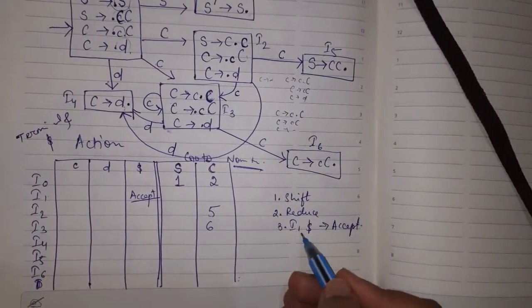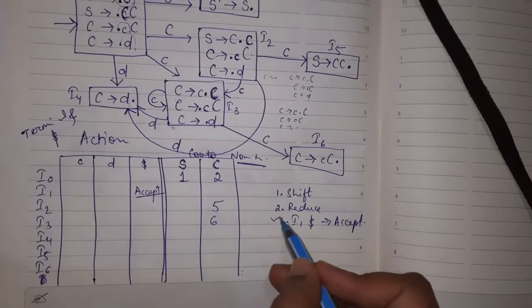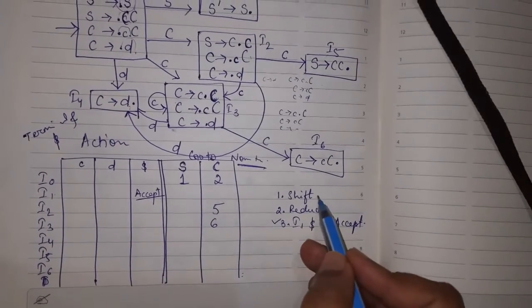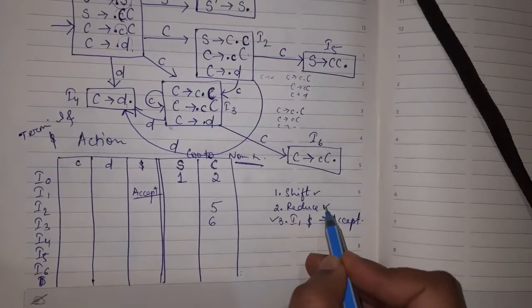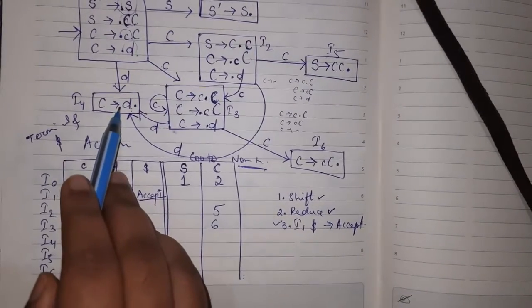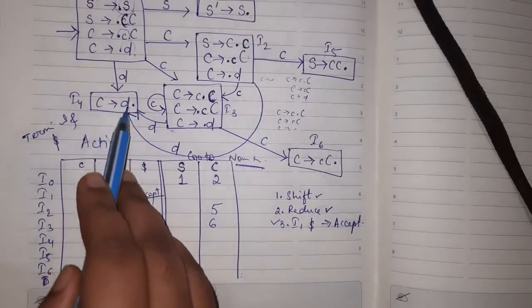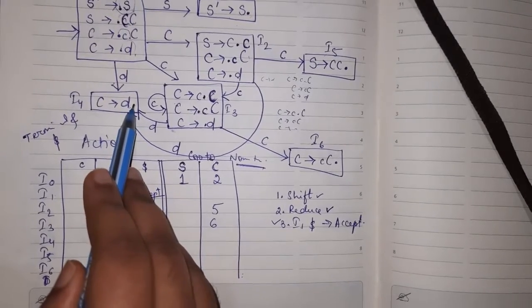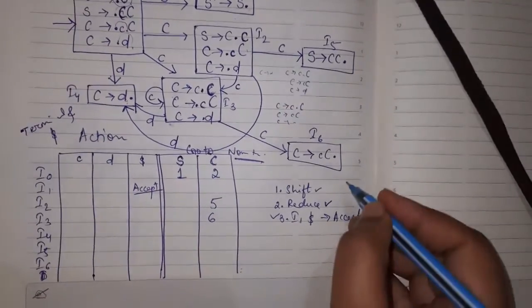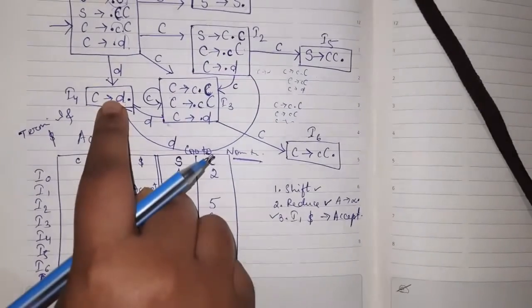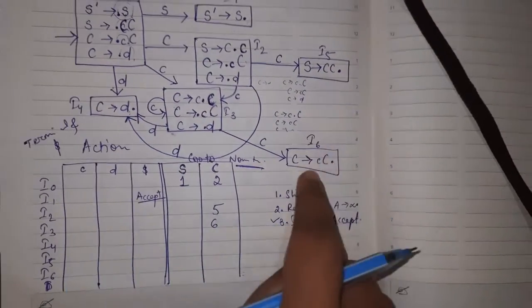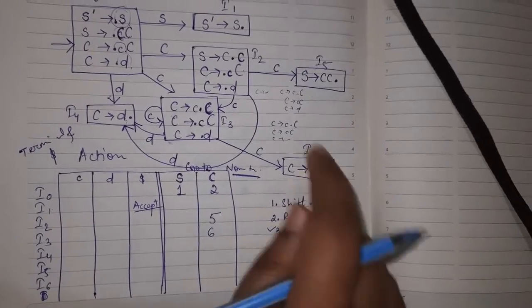Okay, now this part is done. Now, when do we need to shift and when do we need to reduce? We need to reduce for states like this, when the dot is at the last, for states having A derives alpha dot, this and this, except I1.